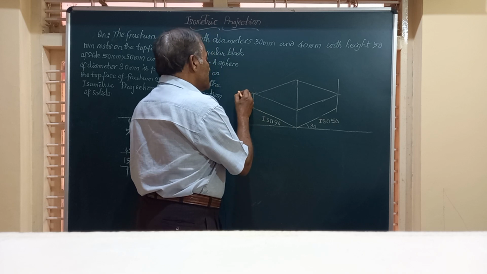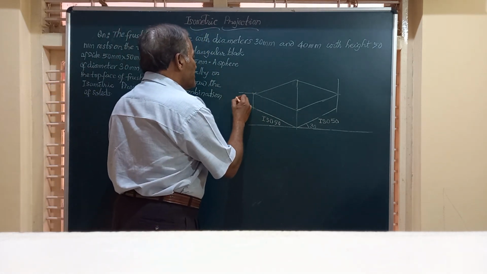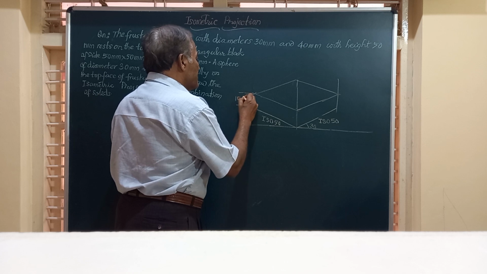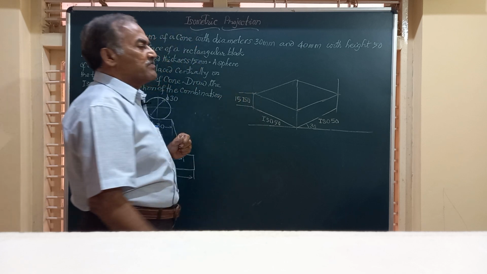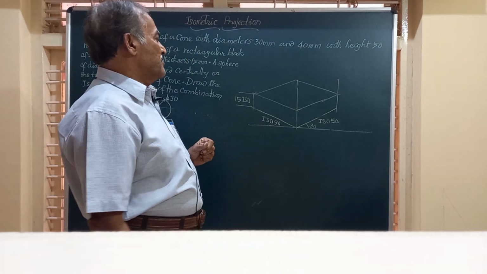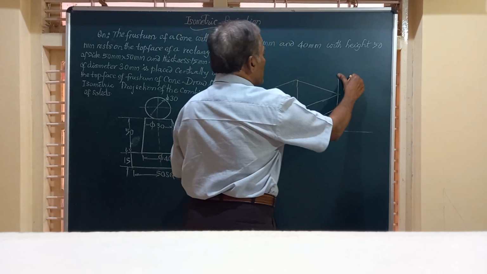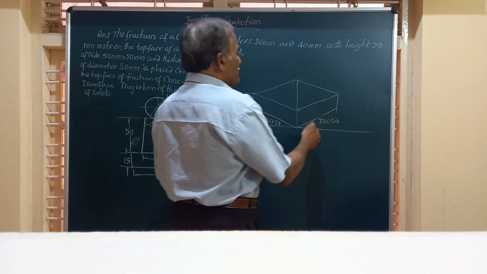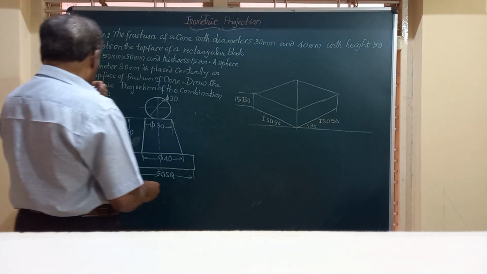This height is 50 they have given here. Again, that should be iso 50. So when I say 50 iso, the length you have got has to be multiplied by 0.815. Friends, you have got this square block here. This represents the isometric projection of the rectangular block.